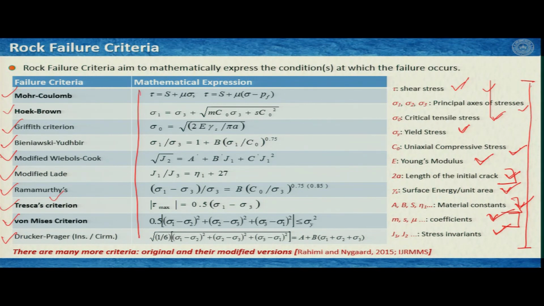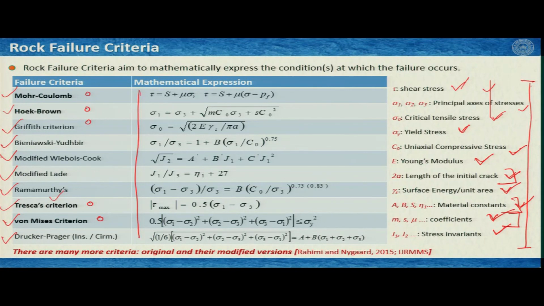In the following slides we are not going to look at all these. Generally, structural geologists or rock mechanics engineers use Mohr-Coulomb, Hoek-Brown, Drucker-Prager criteria and von Mises criteria. Sometimes the Griffith criterion is also used, but mostly restricted to theoretical analysis. However, this list is not complete.